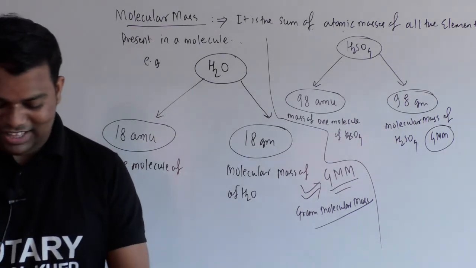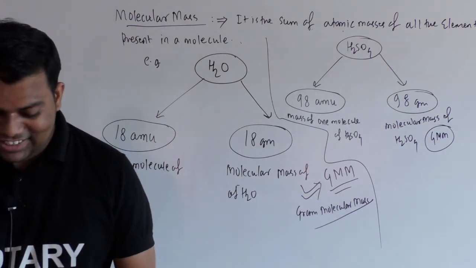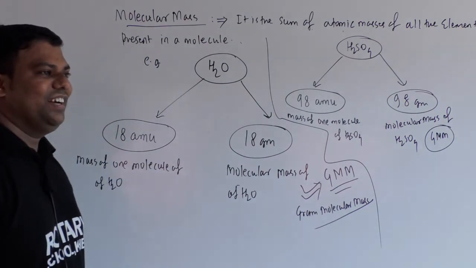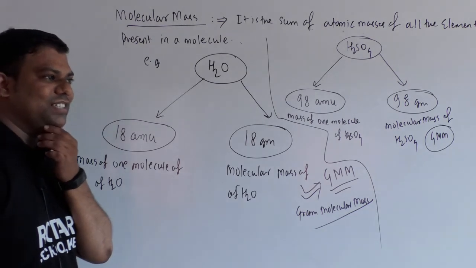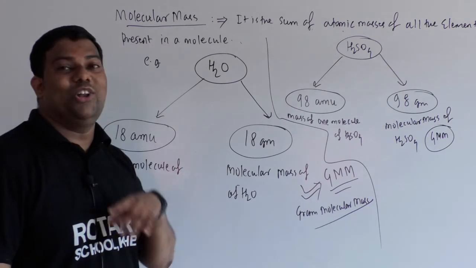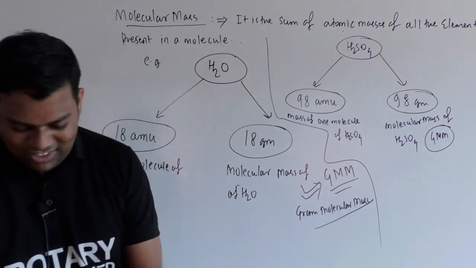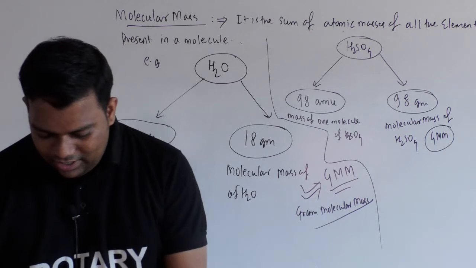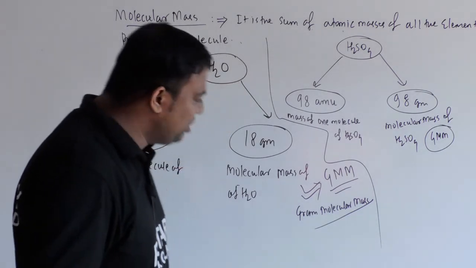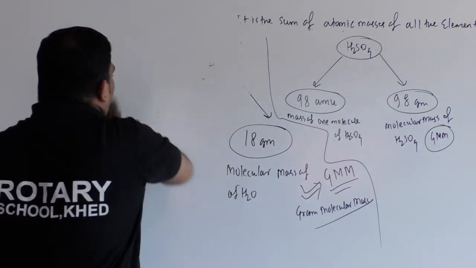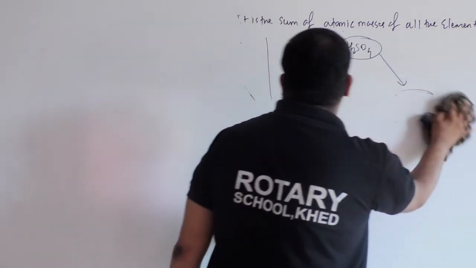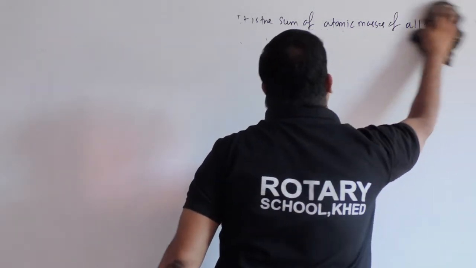Okay, mass of one molecule of H2SO4 and molar molecular mass of H2SO4. Okay, so beta, this is our today's content, very important content: atomic mass, molar mass, molecular mass. So we will take one example in which we will cover GMM, GAM.